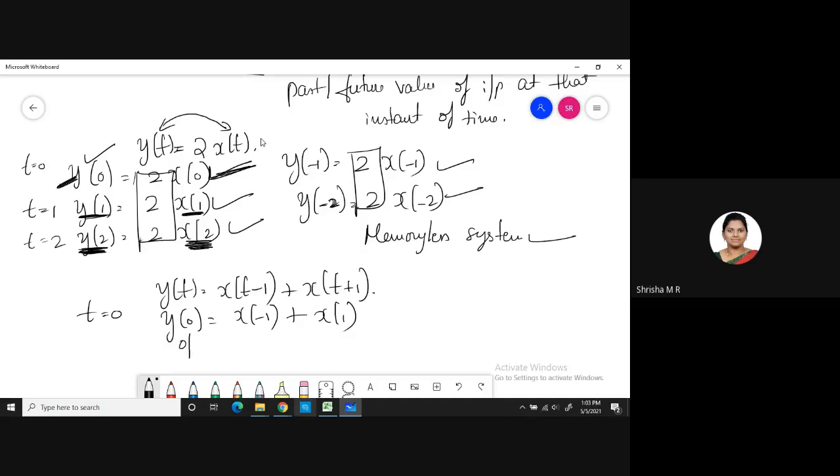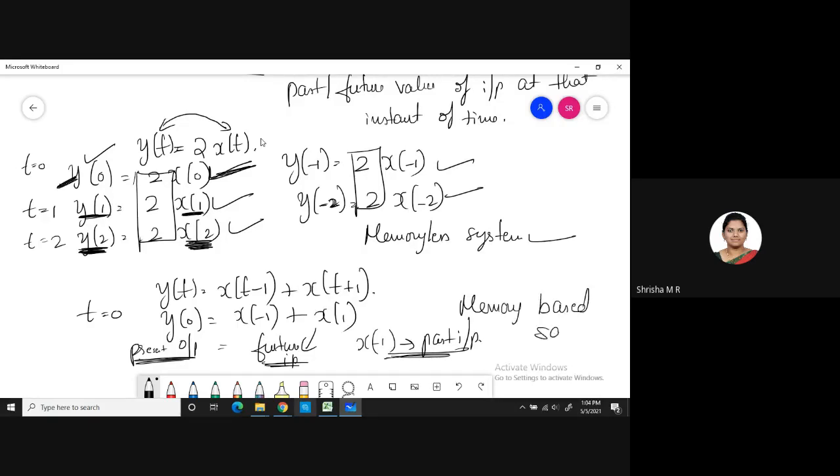So present output is depending on past input and future input. x of 1 is future input, x of minus 1 is past input. So our present output is depending on future input as well as past input. So it is a memory based system, or you can also say dynamic system. Memory based systems are dynamic, memoryless are static.